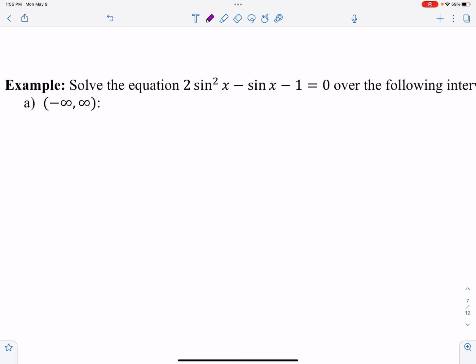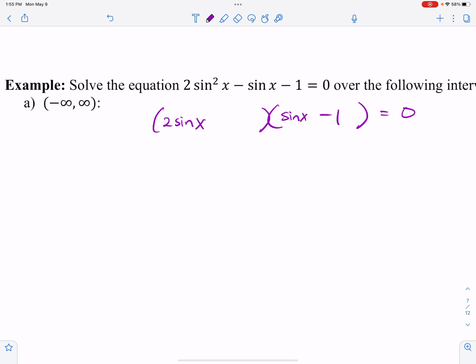Okay, this is a quadratic-like equation. So we first think, well, does this factor? Right, to get the 2 sine squared, we'd have to have 2 sine and sine. And then factors of -1, we're going to have a positive one and a negative one.